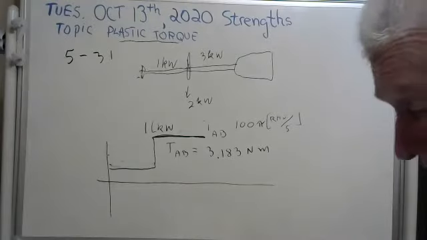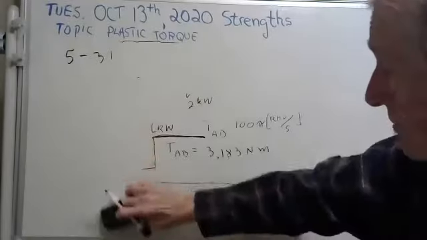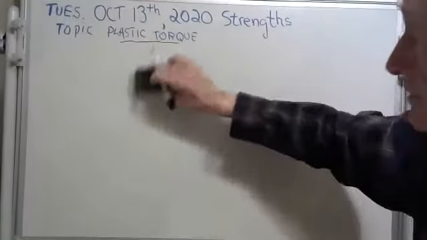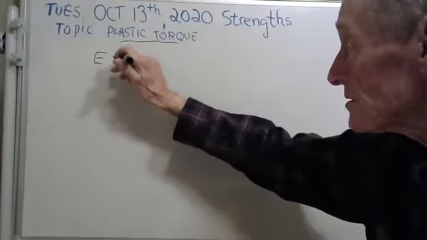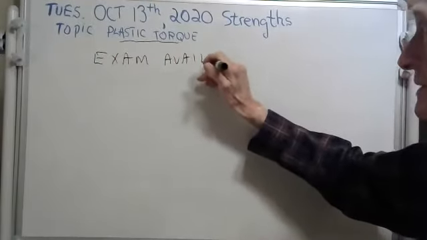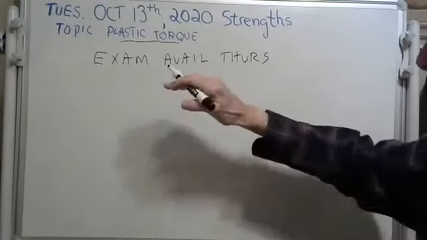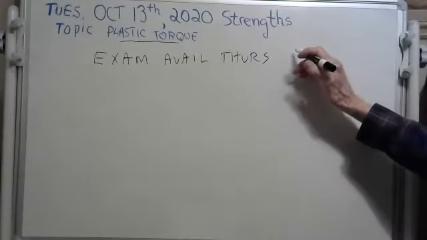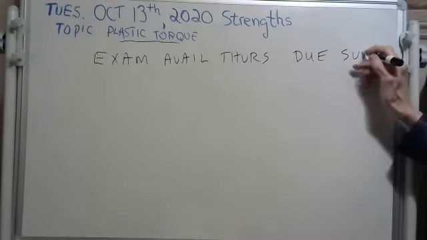Homework number 17. Maybe I should write this down. See, your exam is available Thursday. Today's Tuesday. So Thursday, your exam is available and is due Sunday.